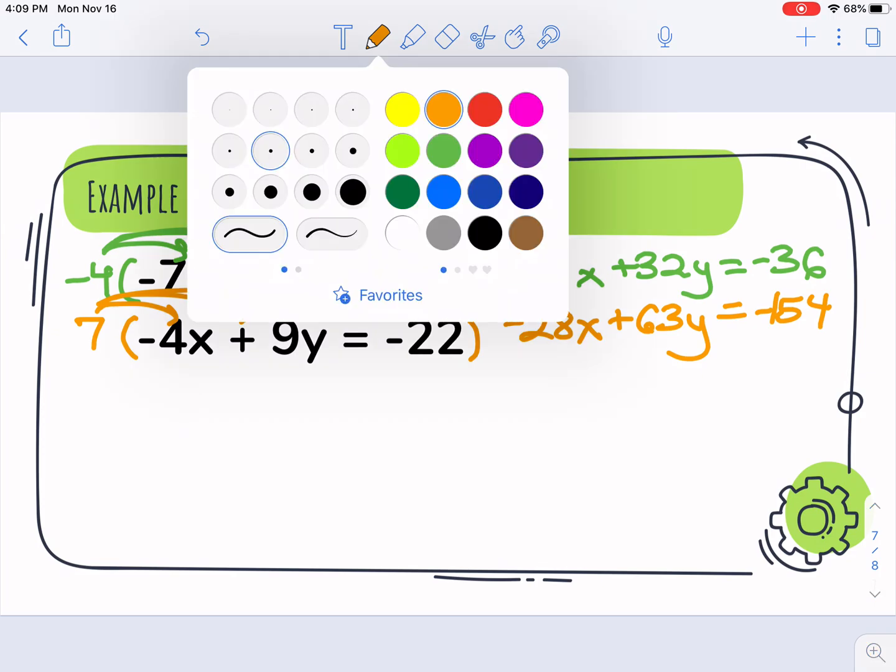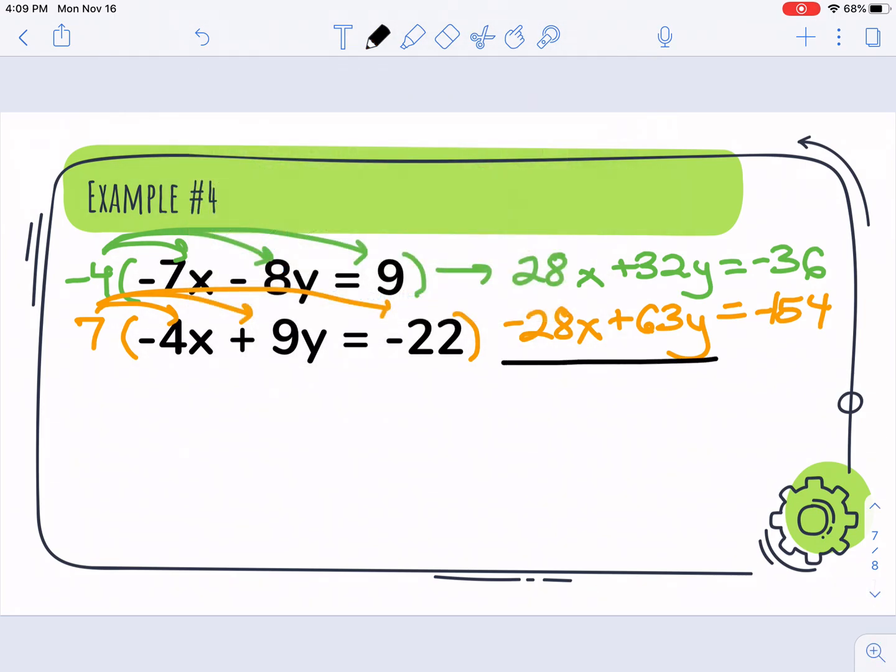So now we're ready to go ahead and add straight down. We had to manipulate both equations this time. 28x minus 28x is gone. And 32 plus 63 is 95y.